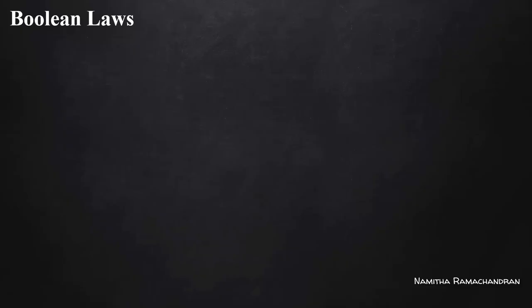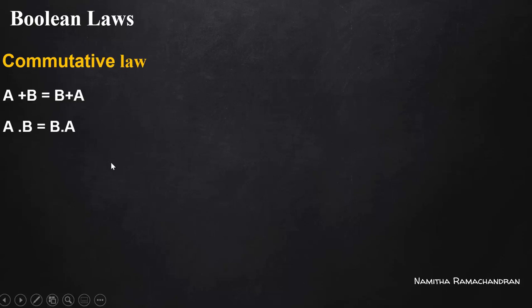Okay, we can consider certain laws available in Boolean algebra. The first one is the commutative law. It can be defined like this. In the case of OR operation and in the case of AND operation, the order of the variables is not important. We can change the order, but the operation generates the same result.